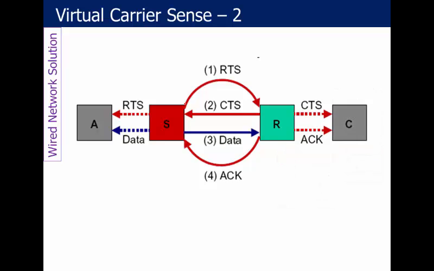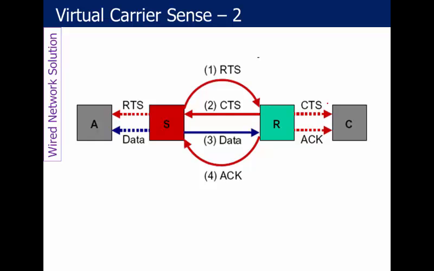So we have 4 different players. Here's the sender. The sender wants to send to A, then okay. Here's the thing. Between S and R, A and C are external.